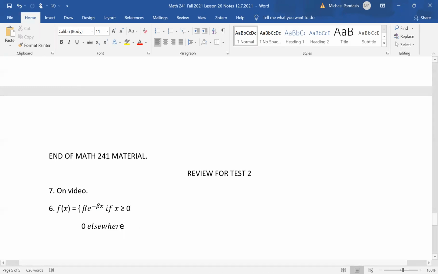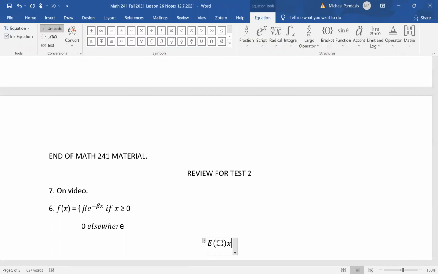Okay, that's our PDF function. We want to find E of x. Okay, so E of x.